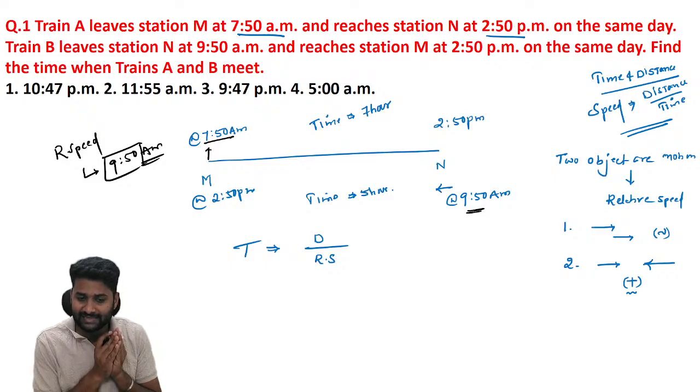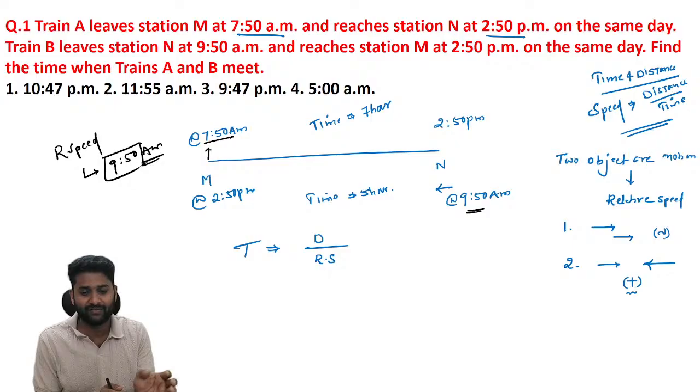Why? Because at 7:50 only one person is travelling from M to N. At 9:50 a person starts from N, and at that time the other person is also in motion. That's why relative speed should be applied at 9:50.